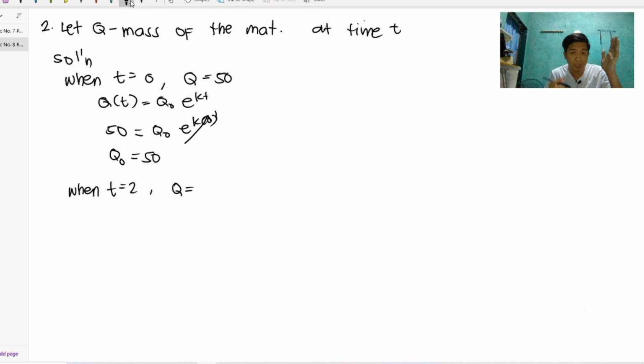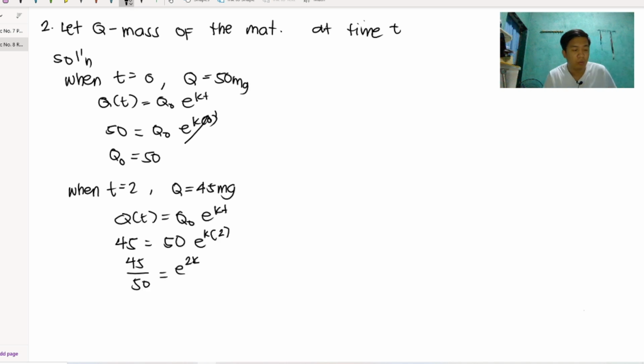And then our K here, we're looking for the value of K. And the time is 2. Okay? So 45 over 50 is equals to E raised to 2K. So by using the calculator to solve the value of K, the value of K here will be negative 0.053. So now we have the value of the Q sub O and the value of K.